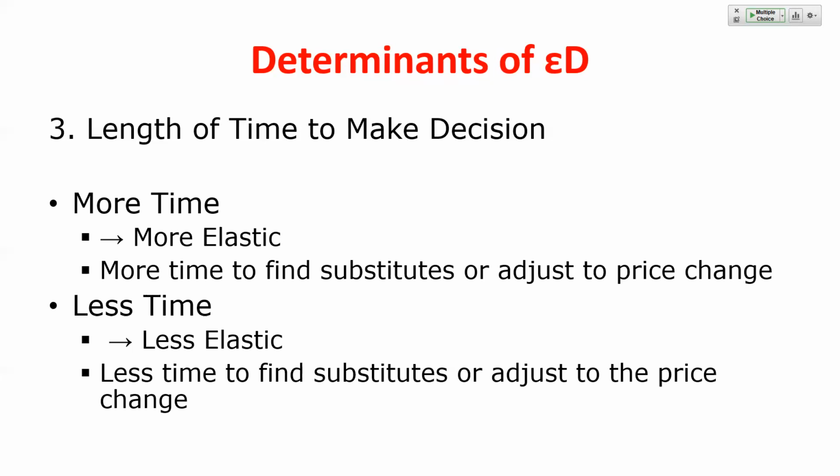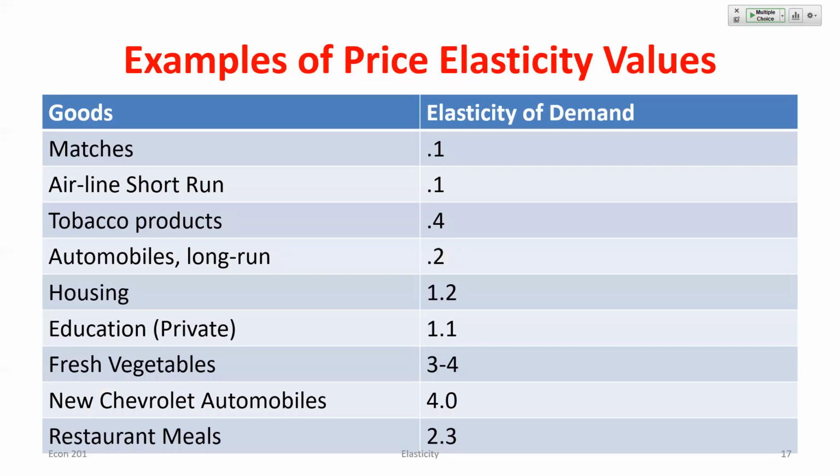Any questions on this? We've got these things that we know might factor into the elasticity of demand. All right. We looked at this briefly at the end of last class, and think about some of these different goods. All these factors will play a role in what the ultimate price elasticity of demand is.